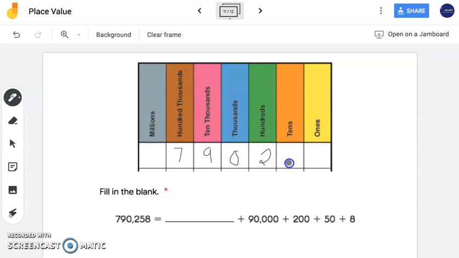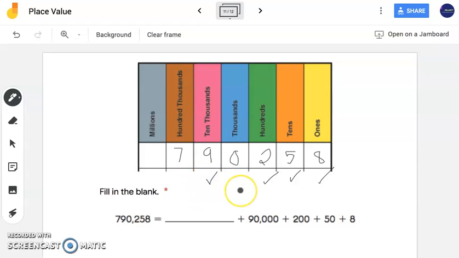And I'm going to check off everything that I have. Now I notice I have my 8, which is my ones place. 50 was telling me the value of the digit in my tens place is 50. We have the digit 2 telling me the value of the digit in my hundreds place is 200. Now I have 90,000, which is telling me that's the value of the digit 9 in my 10,000s place.